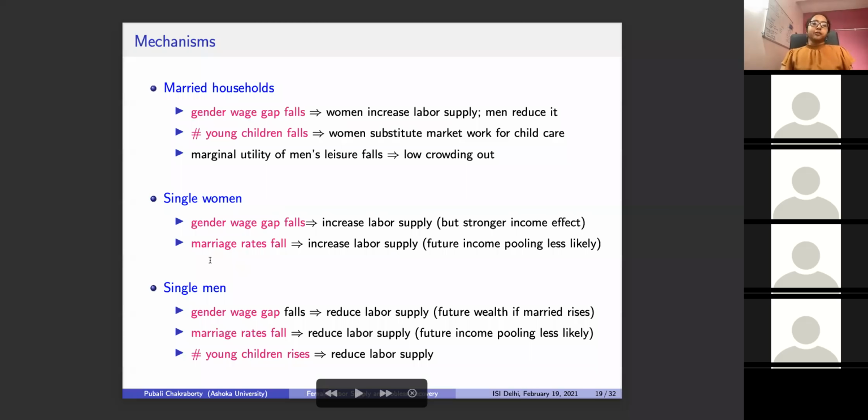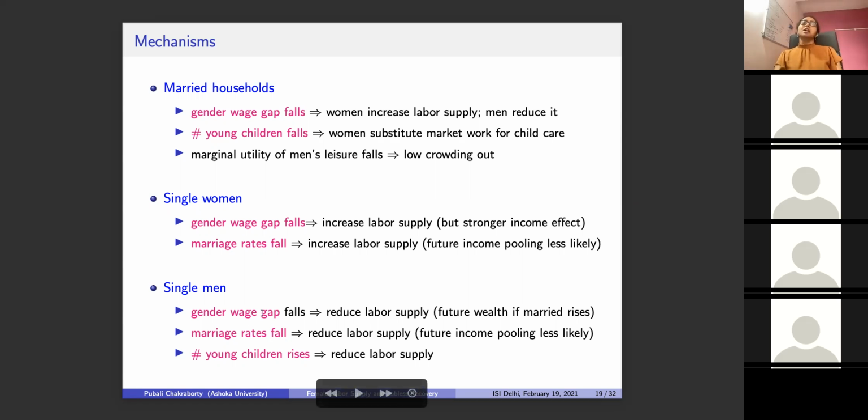As marriage rates fall, that also incentivizes them to increase their labor supply, because the probability of future income pooling is now becoming less likely. And since over time men are earning relatively more as compared to women, that incentivizes them to increase their labor supply as the marriage rates fall.